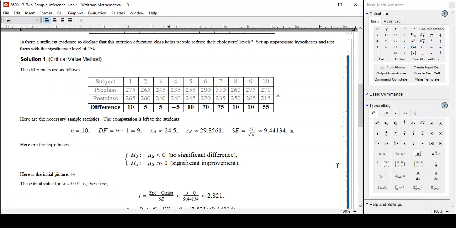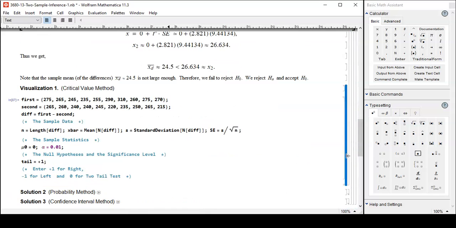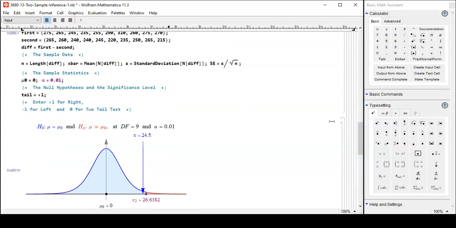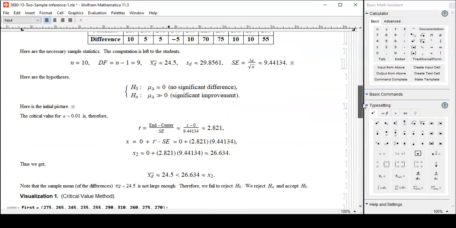Well, we have this kind of picture. Let me see. Where's the picture? Yeah, okay. Here's a visualization. So we begin from 0. That's a null hypothesis. And we're looking for the critical value. And the critical value comes from one sample inference.